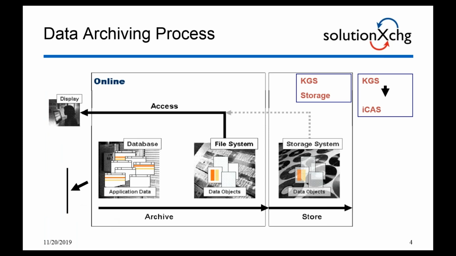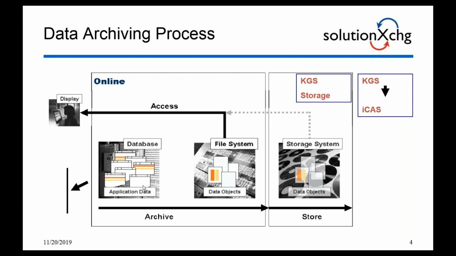So the data archiving process is shown here graphically. The first step within any data archiving process is executing what we call an archive object. We have archive objects tied to particular documents within your system. There are archive objects, for example, for financial accounting documents, sales orders, purchase orders, etc. So there are hundreds of different archive objects.